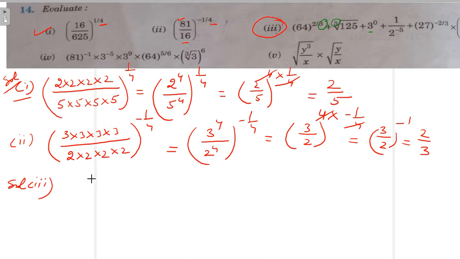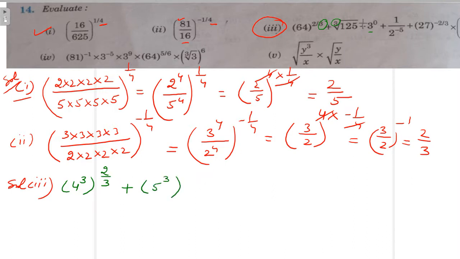So we can write 64 as 4 raised to power 3, whole raised to power 2 upon 3. And there is a plus sign between them, and we will write this 125 as 5 raised to power 3.